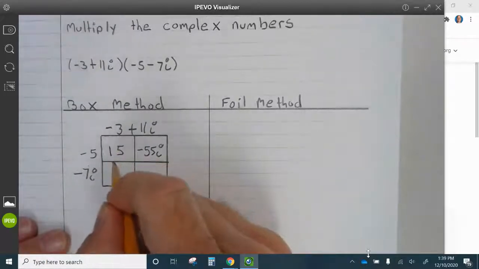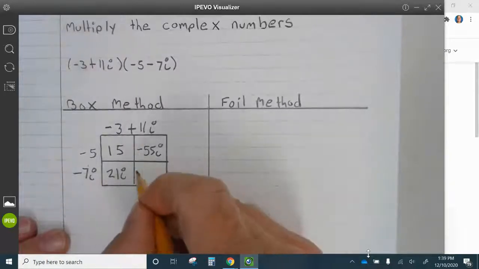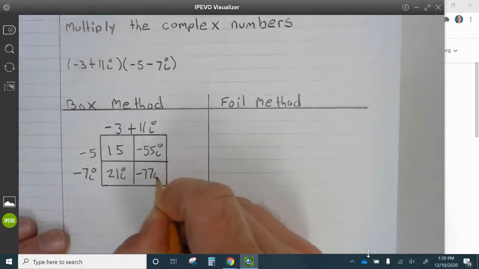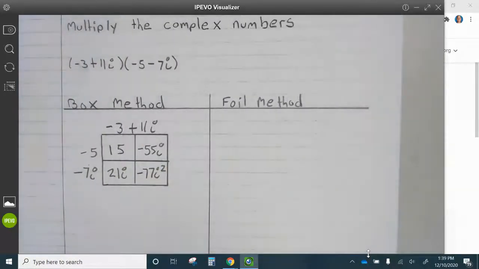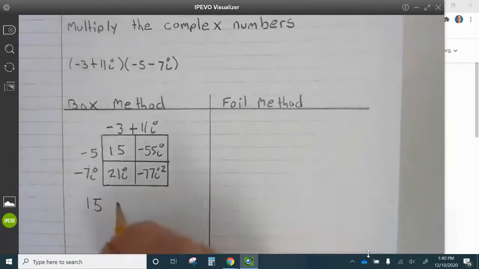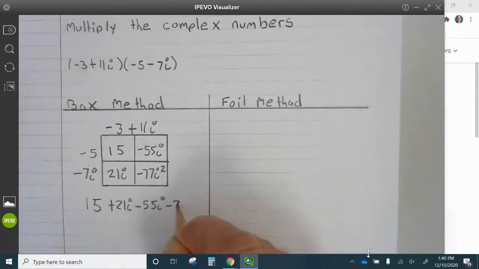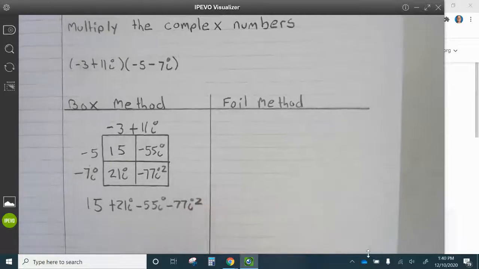Negative 7i times negative 3 is a positive 21i. Negative 7 times 11 is negative 77i squared. Okay, so then that's 15 plus 21i minus 55i minus 77i squared.